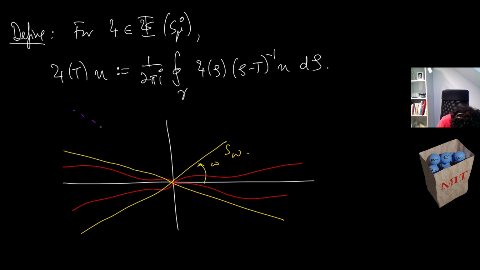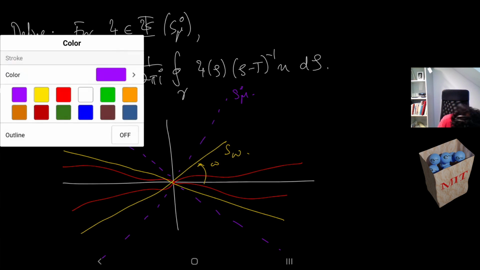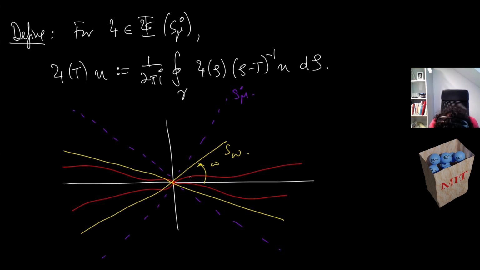Now let me have my large S mu in here. So this is S mu naught. Well, yeah, okay. I think it's visible where this naught is. So now where is this contour?